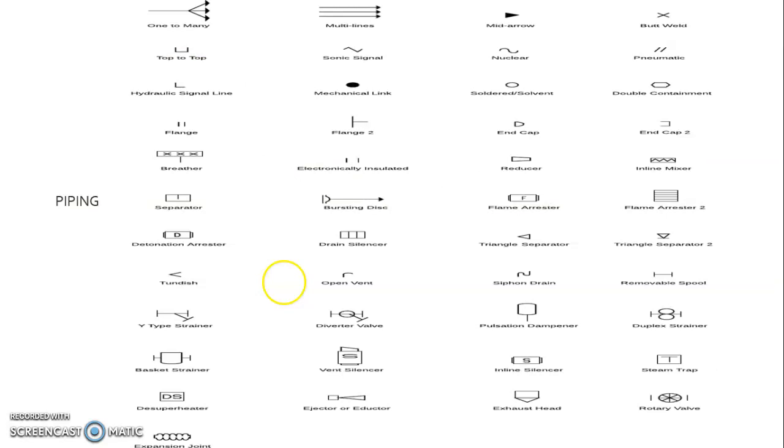And then these are examples of piping. There are many types of symbols for piping. Okay, one to many, top to top. What else, triangle separator. Piping also has many types. So later, in another course, you will learn in detail about piping and valves, like the butterfly valve, and many other types.